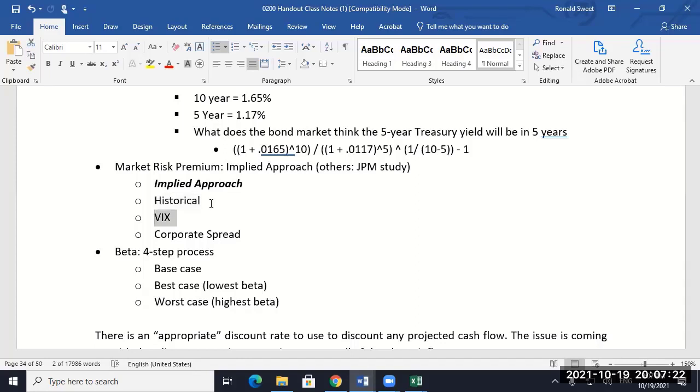The VIX approach, if you use JP Morgan, they say the market risk premium equals 30% of the current VIX. So what's the current VIX right now?